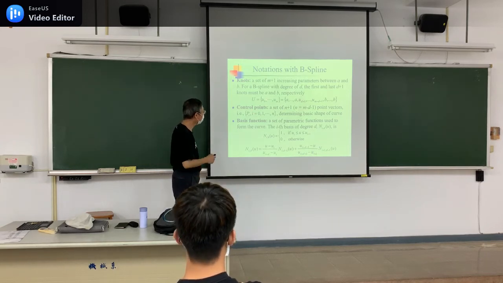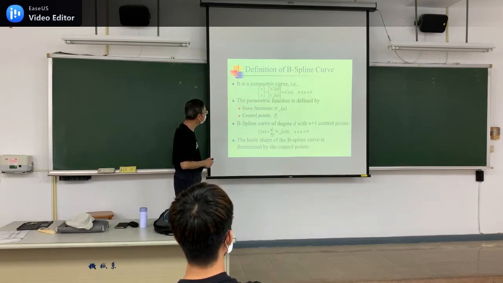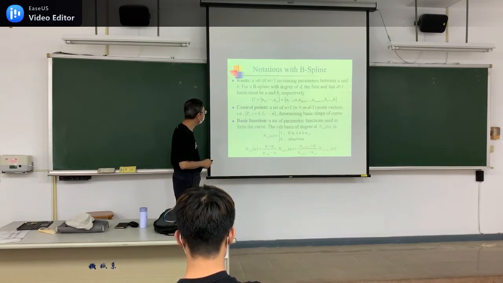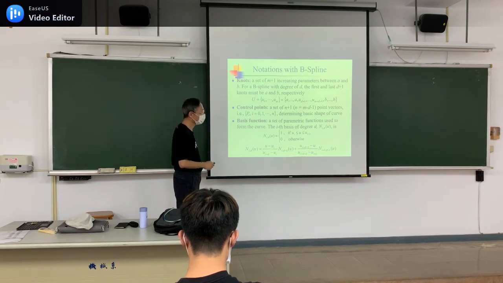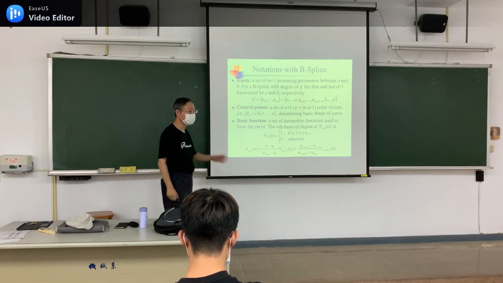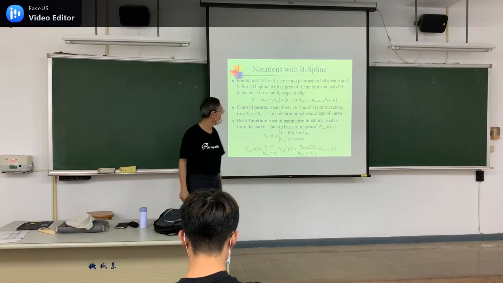And control points. Control points are easy to understand. We have n plus 1 control points. So you have P0 up to Pn. So from here you have several integers.